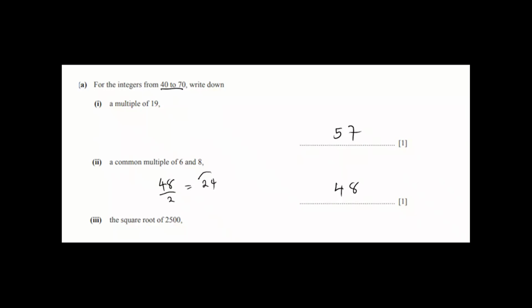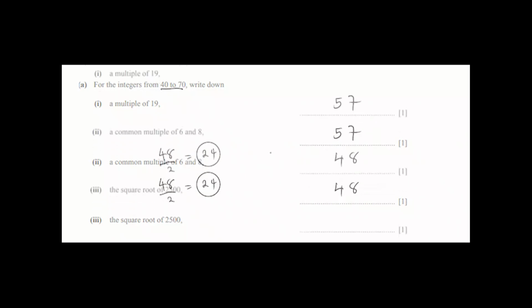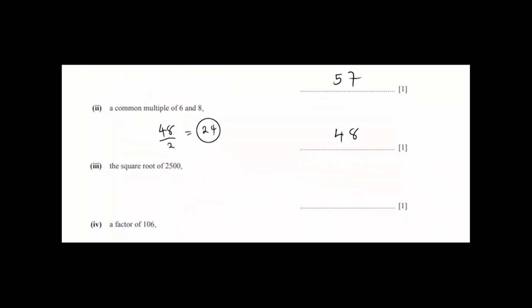So the lowest common multiple of 6 and 8 is 24, which can also be your answer here, because you just need a common multiple. But I only did 6 times 8, 48, and I stopped there because I just have to get a multiple of 6 and 8.